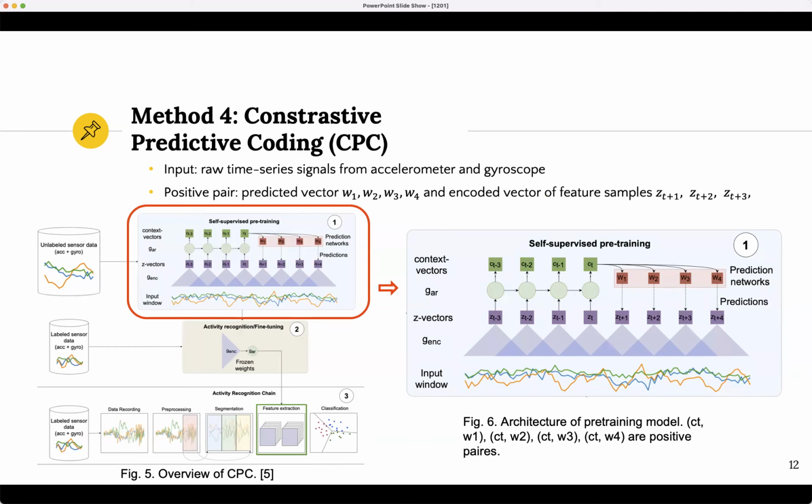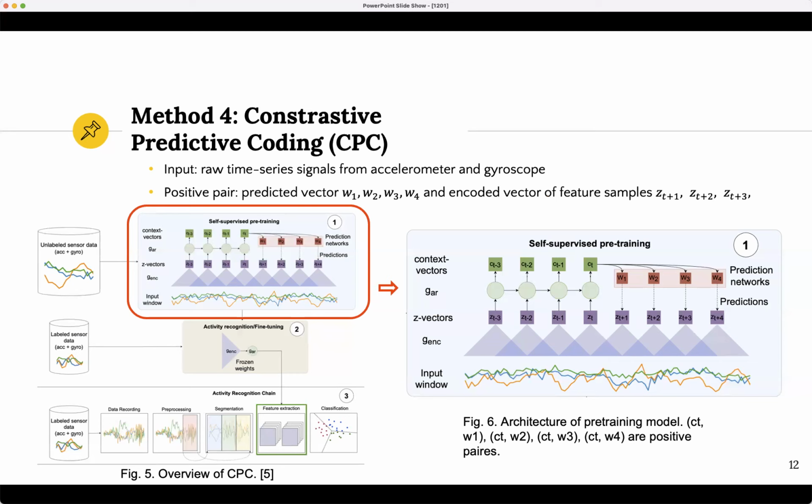And then they pass the CT into a prediction network. Here they just use a linear layer to predict the Z vectors in the future.